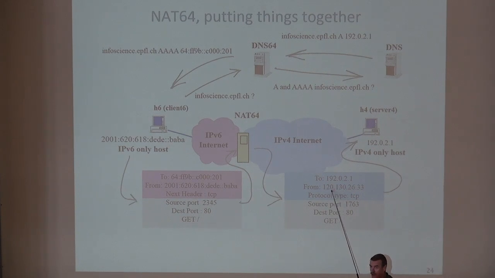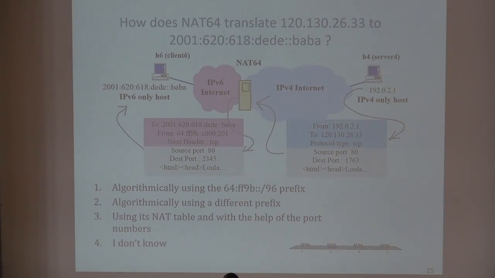But to do that, we need the same trick of NAT with port translation here. One question again, how will the NAT translate the IPv4 address to an IPv6 address? I close in 5 seconds.